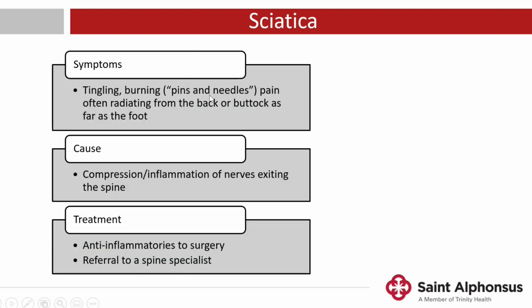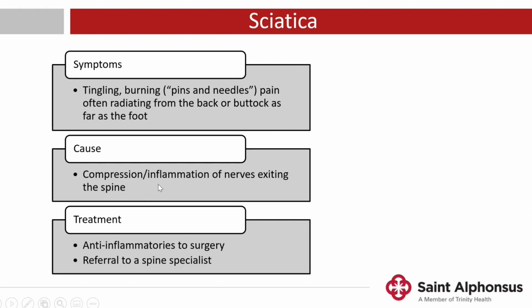Sometimes we refer to this as pins and needles type pain. And often when we're talking about pain that starts in the back or buttock and goes all the way down to the foot, this is almost always originating from nerves rather than the actual bone and joint structures around the hip. There's a lot of causes of this.